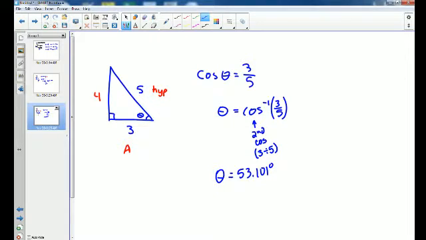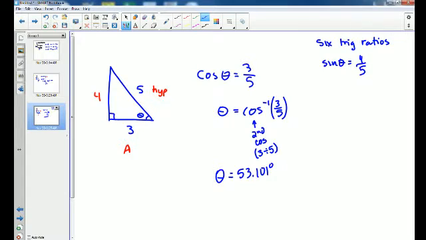So those are the two main things that you want to take from today. There are a couple others. Sometimes you're asked for these 6 trig ratios. We've only got 3 right now, correct? Sine, cosine, and tangent. Cosine is 3 over 5, right? Sine theta is 4 over 5, right?